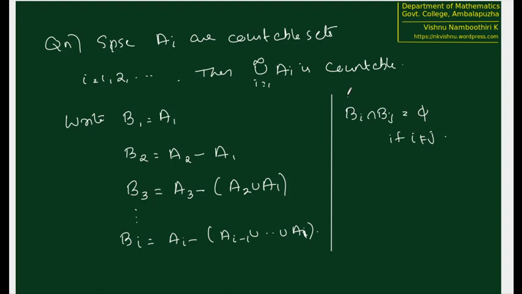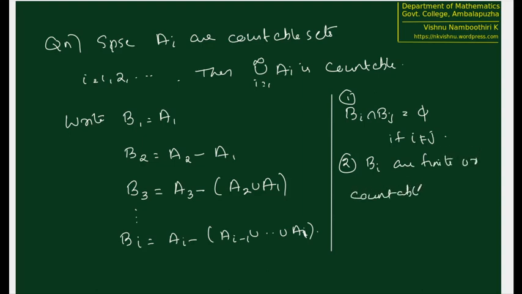That is one property. So property number one of Bi's is this: Bi intersection Bj is empty because whatever duplicate elements are appearing, we have all removed. We have removed them all, and the way in which we constructed Bi guarantees that whatever Bi we are taking, that is not going to have any intersection with some other Bj. Next, property number two is Bi are either finite or countable.